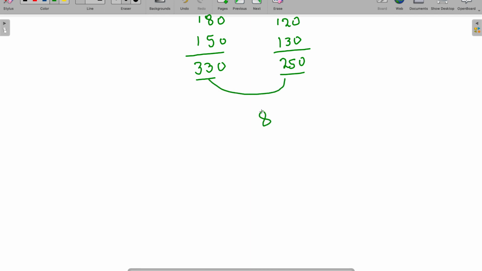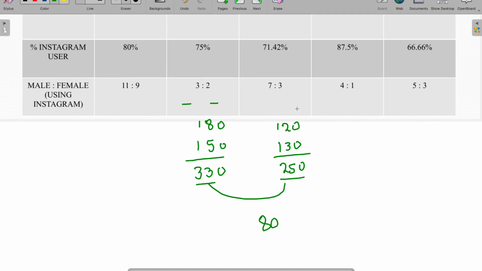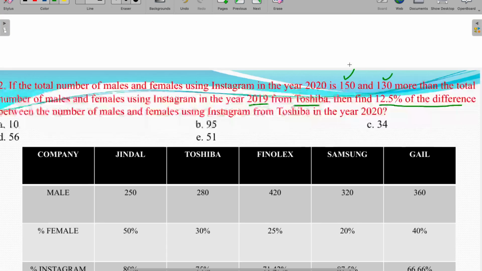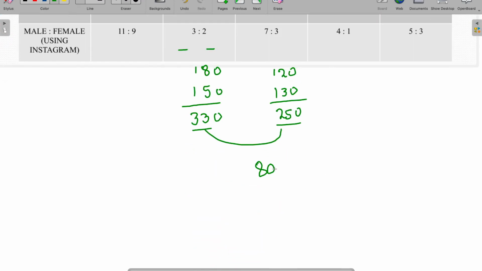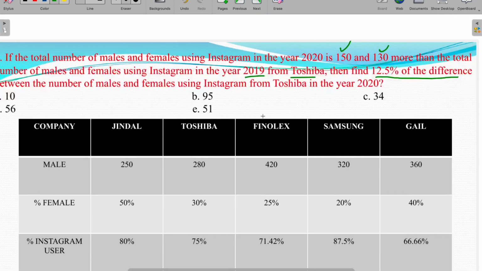The difference will be 80. Of this 80, I don't consider the complete 80. I have to take only 12.5 percentage of the difference, and 12.5 percentage is 1 by 8, which means 10. The answer will be 10. The difference of males and females who are using Instagram in Toshiba is 10 members. That will be your answer. I hope you understand this.